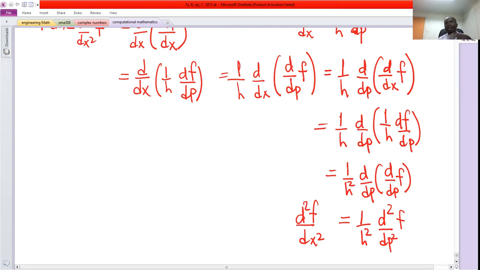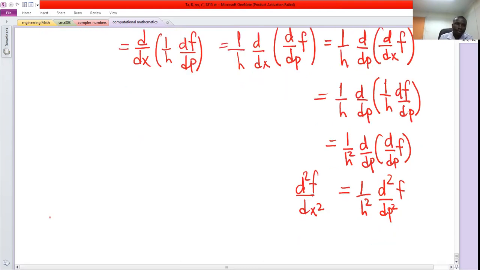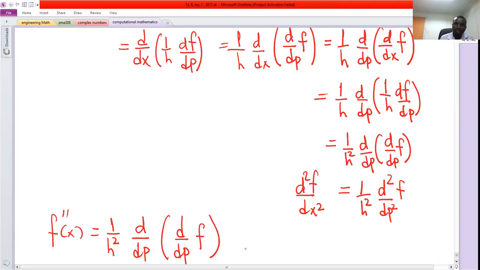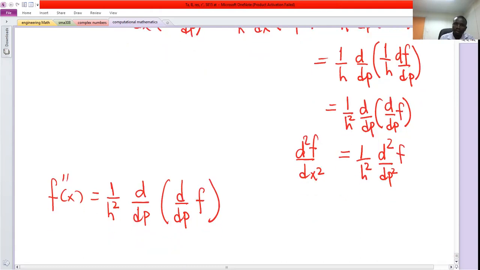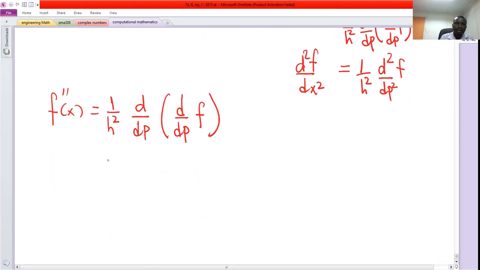Which simply means that if we are able to differentiate the first formula, and then we multiply by this scalar, then we'll have the answer for the second derivative. So therefore, our second derivative of the function is the same as 1 over h squared d dp of d dp of the function f, which is the same thing as 1 over h squared d squared f dp squared.